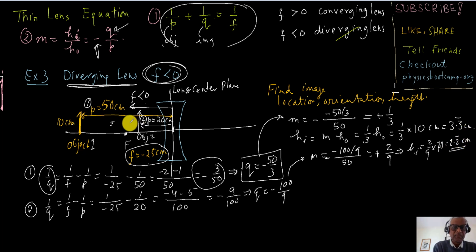The object is the same height, but the image got smaller and nearer. You can see this q is about 16.7 centimeters, and this is about minus 11 centimeters. Okay.